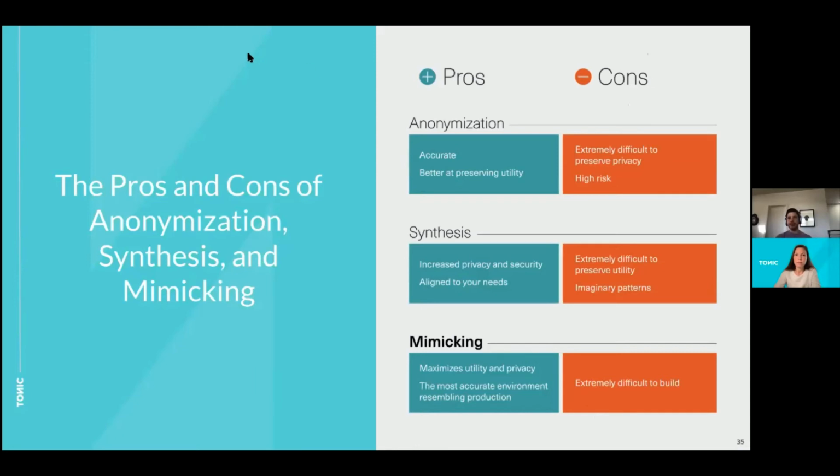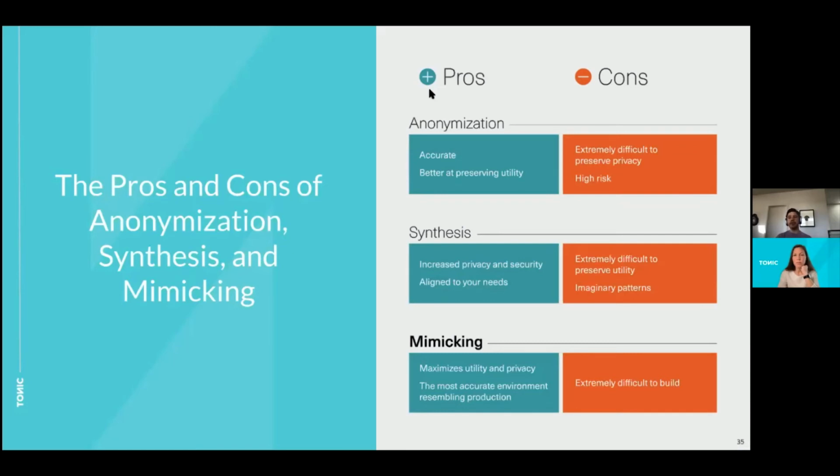Okay, so with pros and cons, if we start with anonymization, the utility of anonymization certainly can be very, very high. But as we talked about, GDPR, CCPA, SOC 2, these various regulations and standards frequently call out anonymization specifically as not being sufficient.